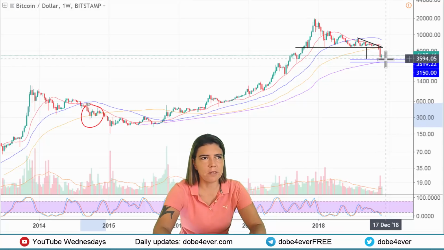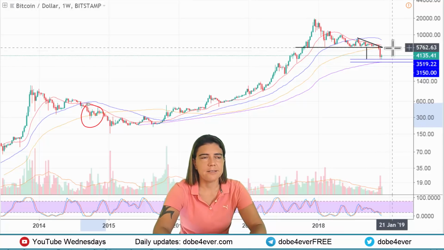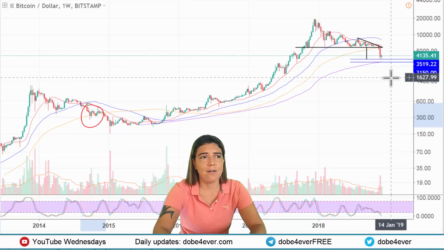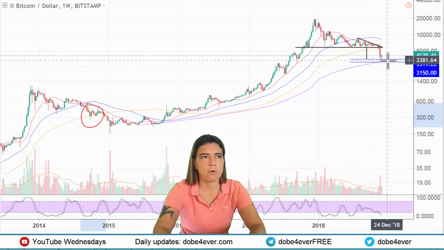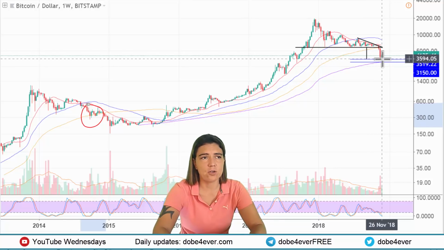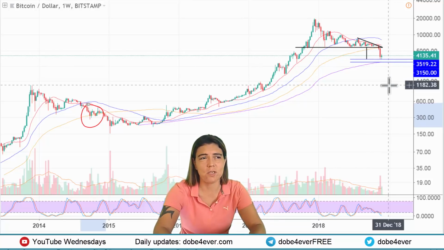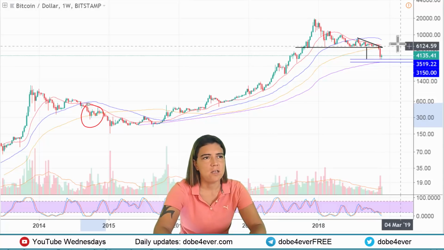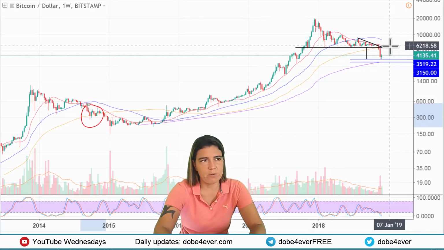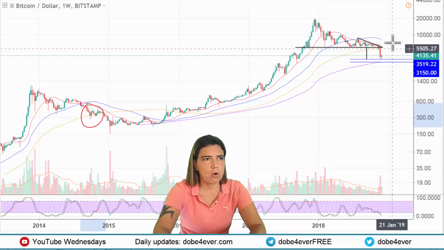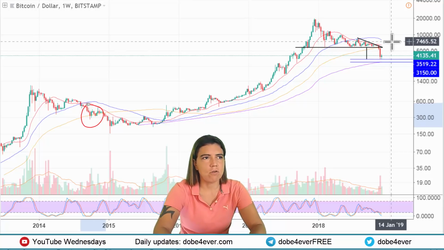I think it's normal that we are bouncing, and even 6,000 should be retested as a resistance and rejected from there. The only way I'm changing my mind and saying, okay, this was probably the bottom at 3.5, is if we actually go above 6,000 and stay above 6,000. If we go to 6,000 and just test it and maybe close a few smaller candles above it, that's not confirmation for me.